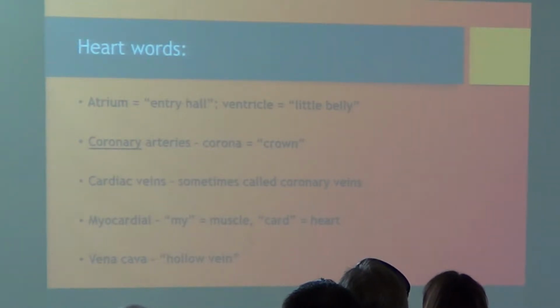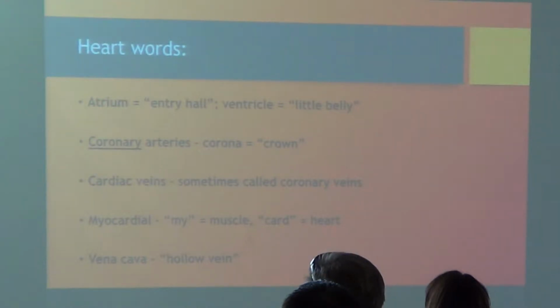I like to think of it as the entry hall for the heart, because that's what they do. And then the ventricles comes from the Latin for small belly, because they think of the belly as an empty little thing, and so this is like a small cavity in the heart, you might say. Although they're larger than the atria, the ventricles are larger.